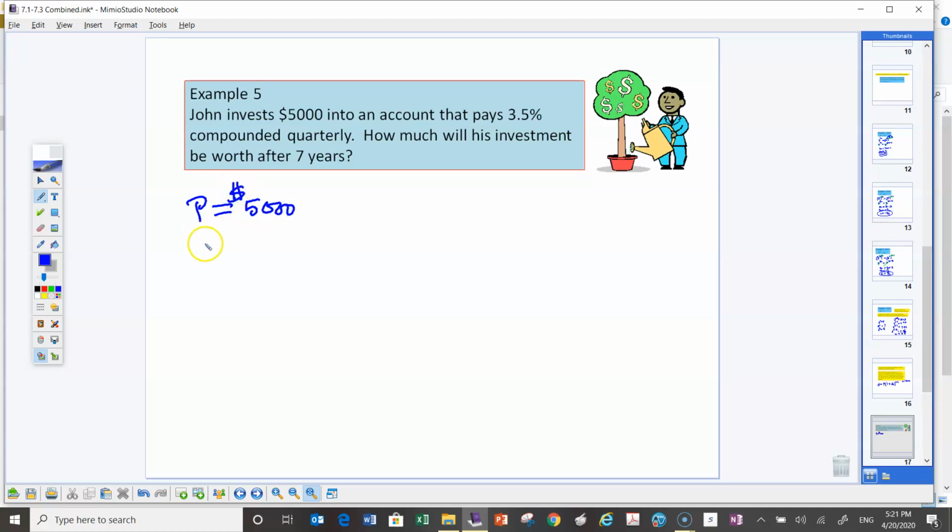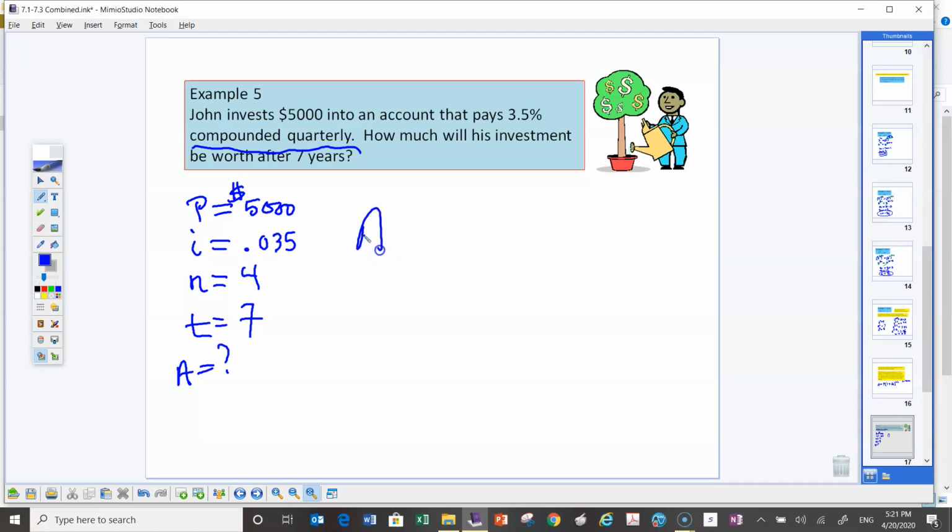Our interest rate is 3.5%, and we always convert that to a decimal. That will be 0.035. The number of compounds, it says it's compounded quarterly, which means the interest is calculated 4 times a year, and the time that this is being allowed to grow is 7 years, and we are looking for the final amount.